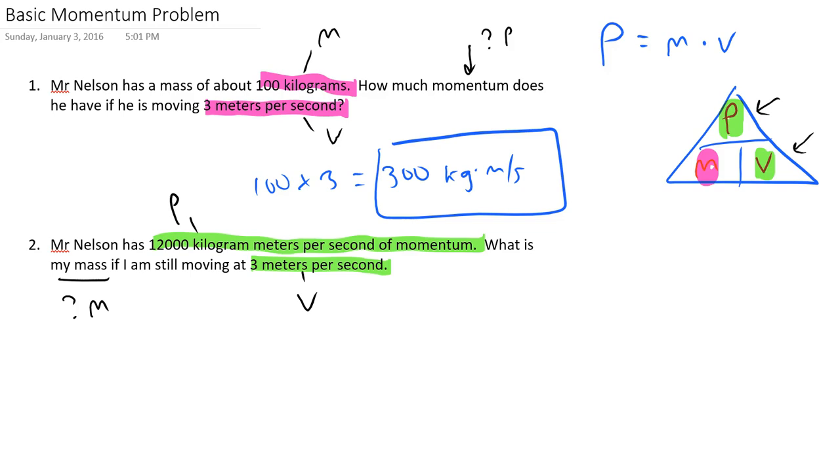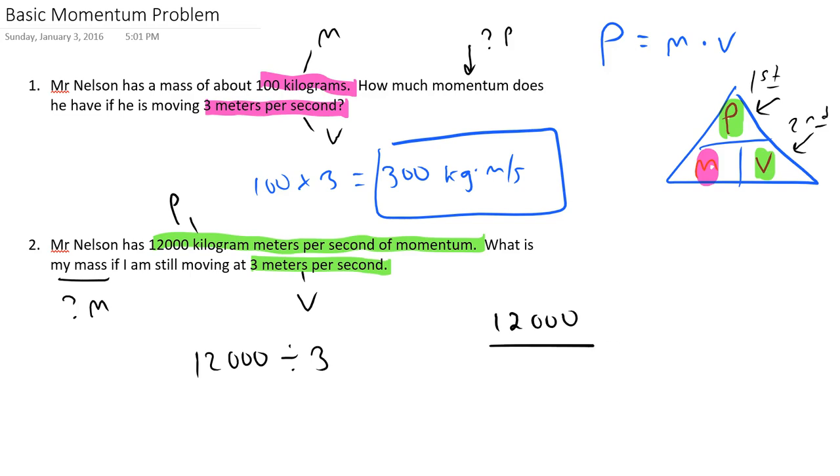Whenever we divide these, we need to make sure we put in the momentum first and the velocity second. So that's going to be 12,000 divided by 3. Or you can write it like this. This is probably the way I would do it, but that's up to you.